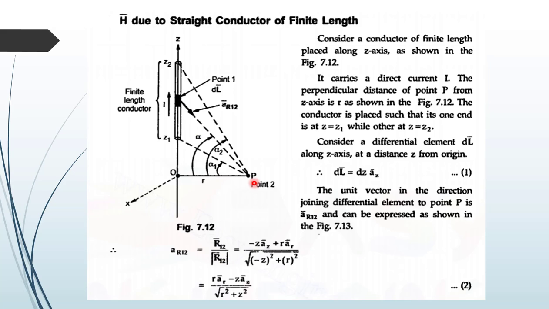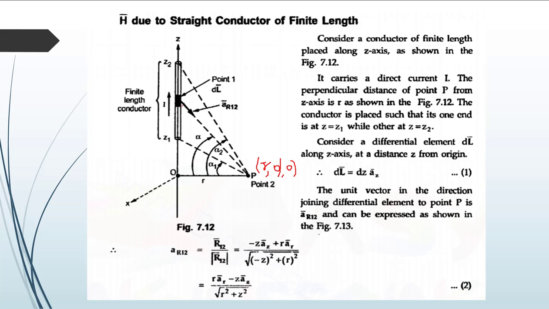What is R12? It is the coordinates of this point P. The coordinates of point P are: it is placed at some value of rho or at some value of R, comma phi, you can keep it as phi as it is, and comma z is 0, so z is 0 here.